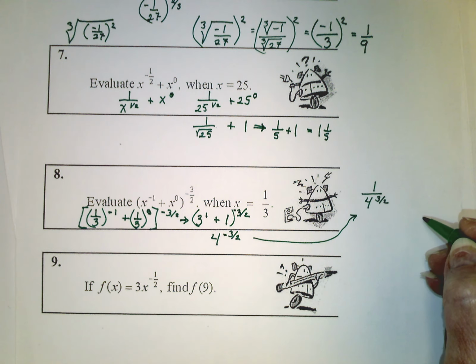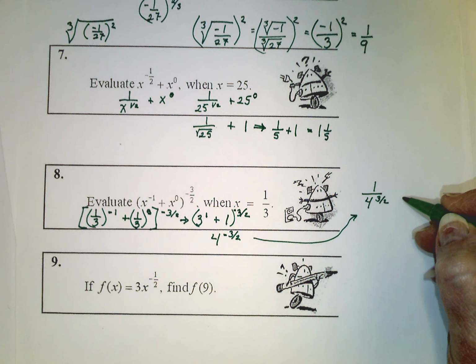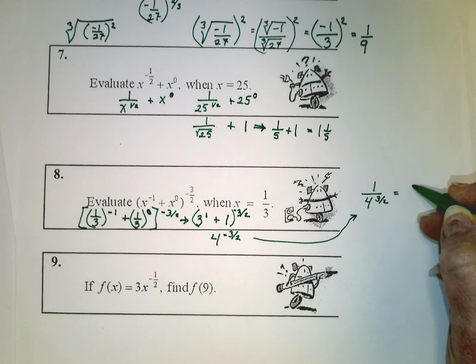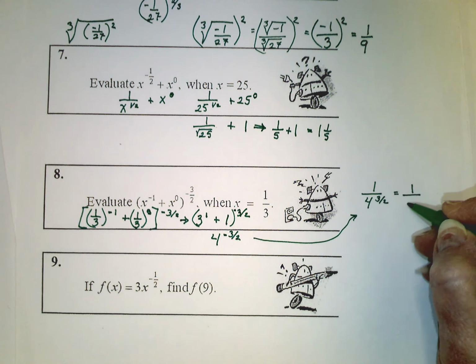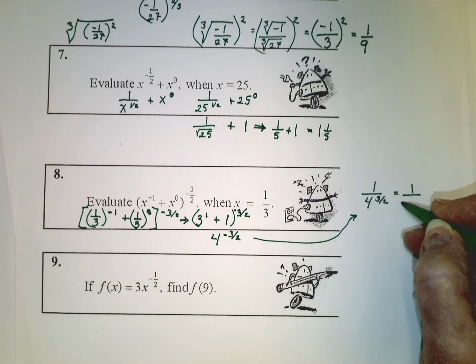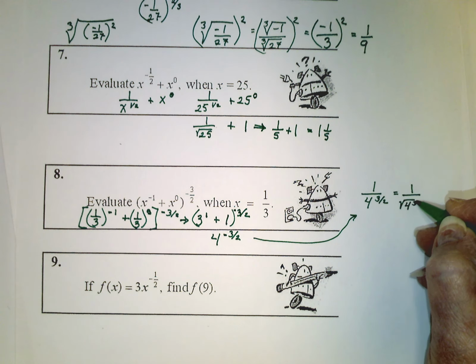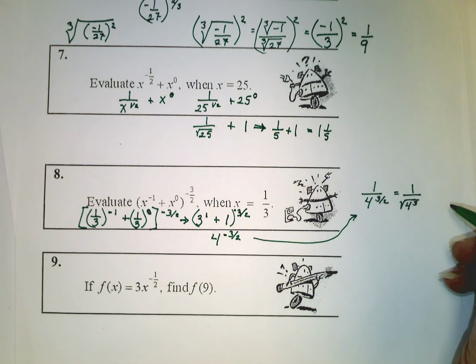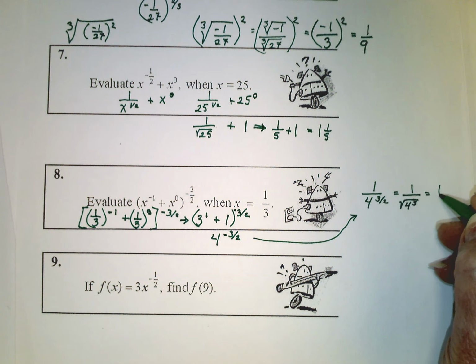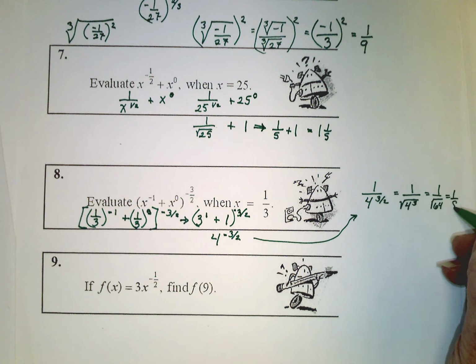Okay, so what does that mean? 4 to the +3/2? We can either write it as the square root of 4 to the 3rd, which would be 1 over the square root of 64, which would be 1/8.